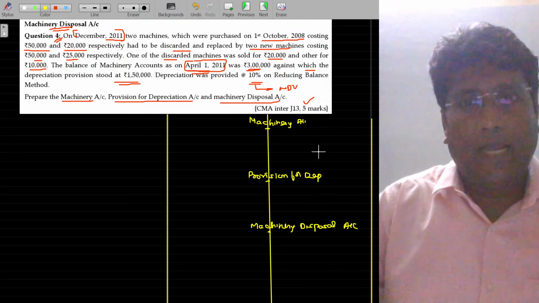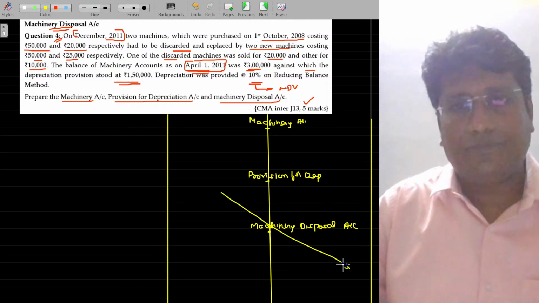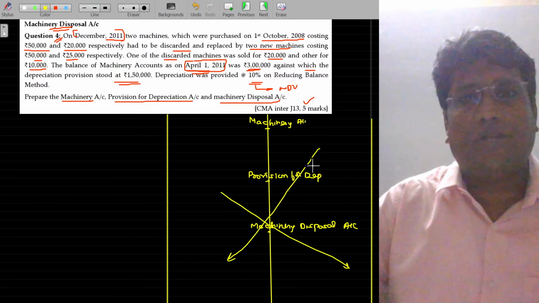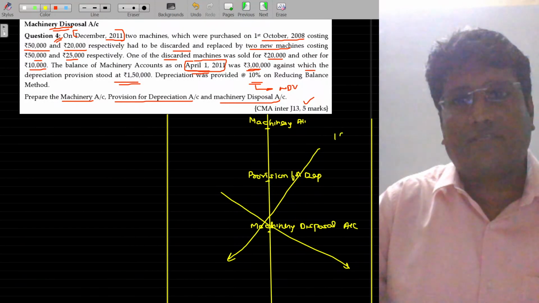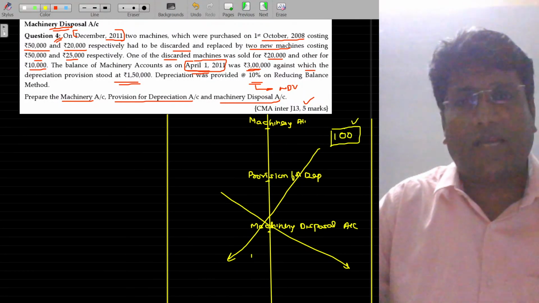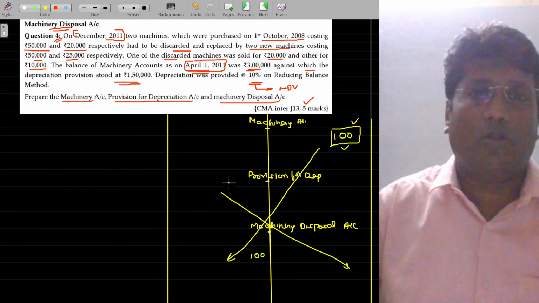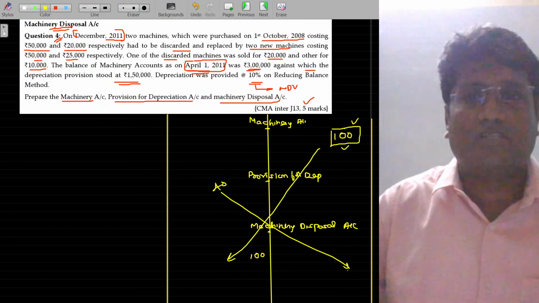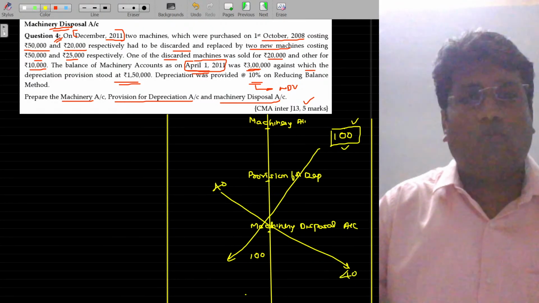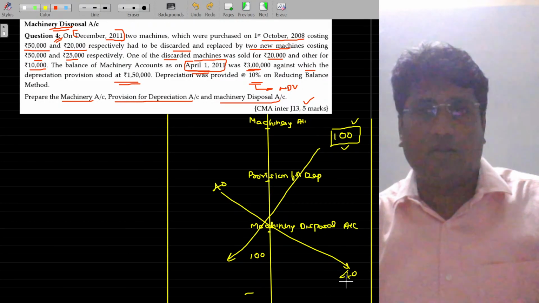If the asset sold has an original value of 100, then it is transferred to the machinery disposal account, and depreciation on the asset sold, say 40, should also be transferred. Then whatever the sale happens, it's routed through the machinery disposal account only. Is that okay? This is the model here.